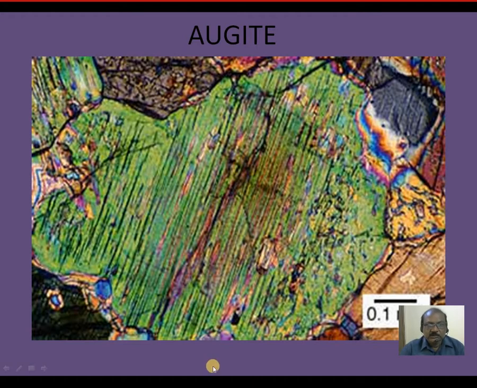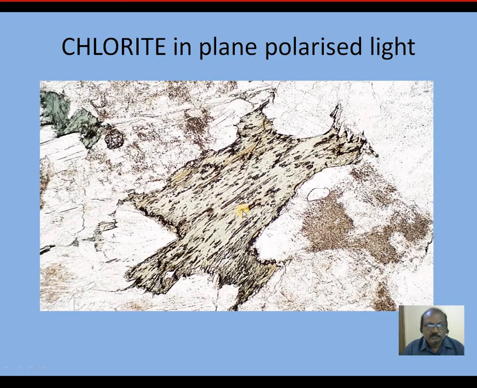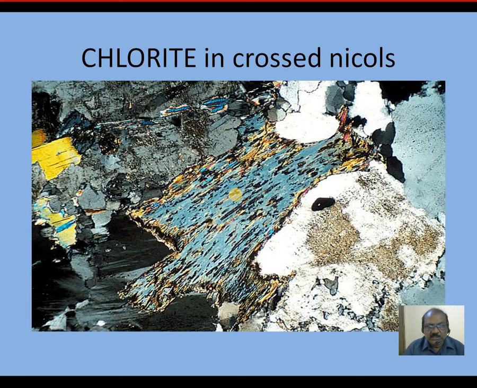Augite is of the pyroxene family, has high relief colors. And this is a chlorite under plane polarized light, that means without applying the nicol prisms. And the same chlorite, when we turn the stage by 90 degrees, appears in such a way.